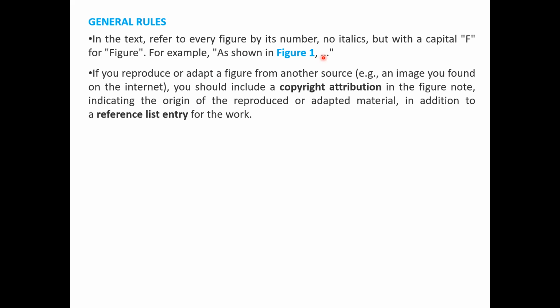But if you do not have the permission to use that figure, that's plagiarism. So if you want to avoid this whole copyright trouble, the only thing you can do is indicate the origin of the reproduced or adapted material, and the reference should also be in the reference list.